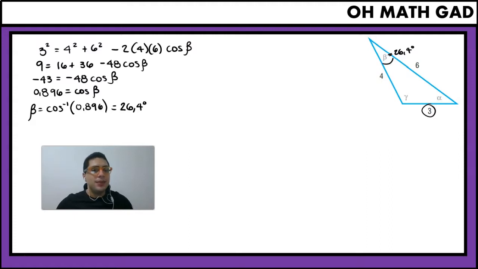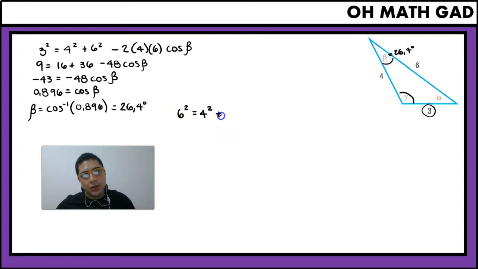Okay, we have found one of the values. Let's solve another one. Let's say that we want to find the value for gamma, okay? If we want to find the value of gamma, we have to look at the opposite side of gamma, which is 6. So that's how we're going to start solving it. So again, 6 to the power of 2 is going to be equal to the other two sides to the power of 2.